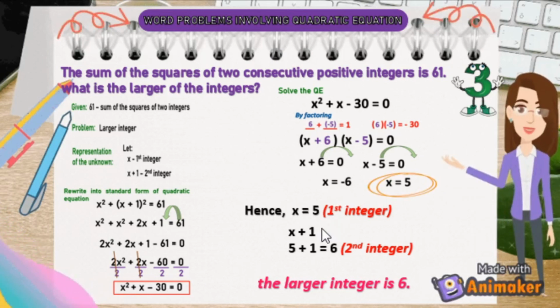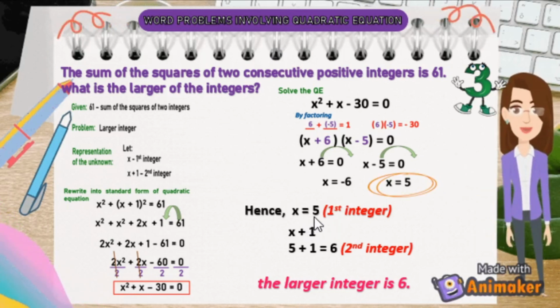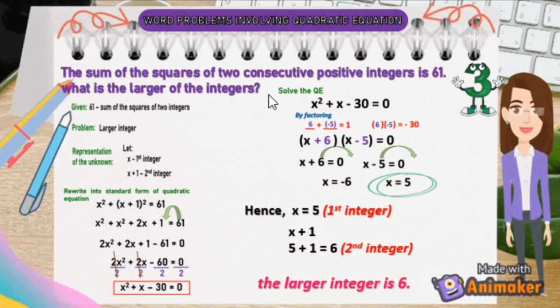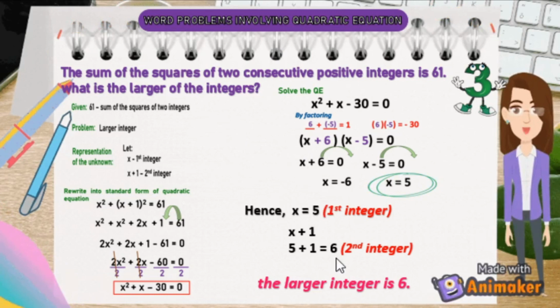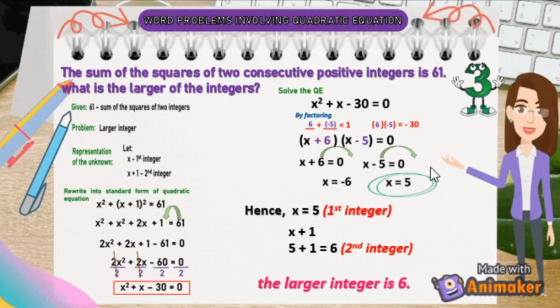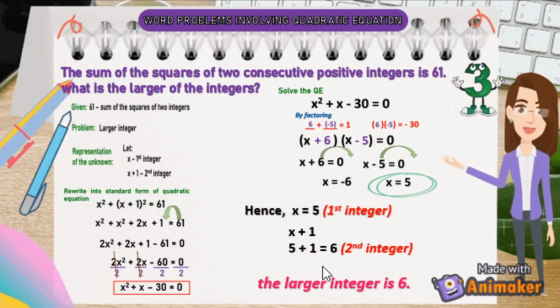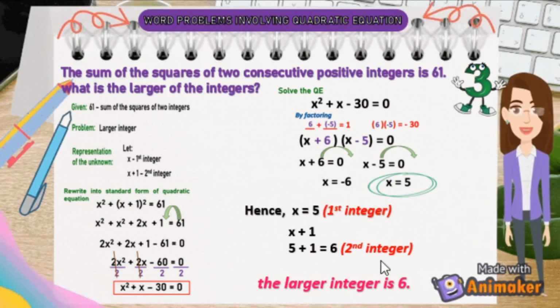So, when we square them, 5 squared plus 6 squared should be equal to 61.